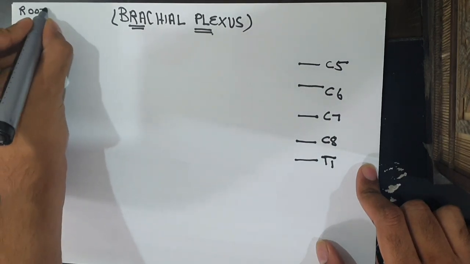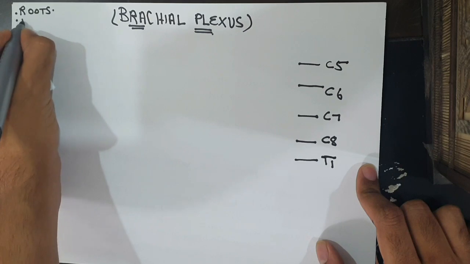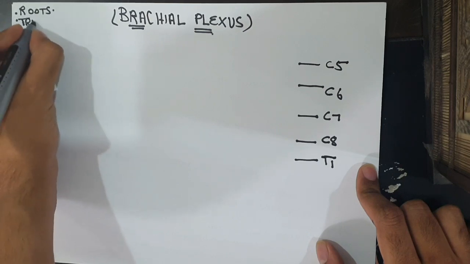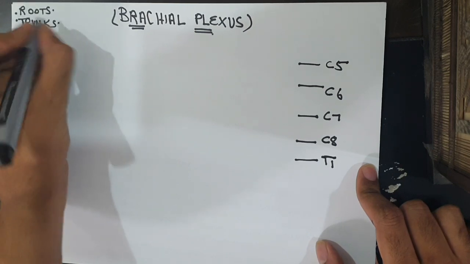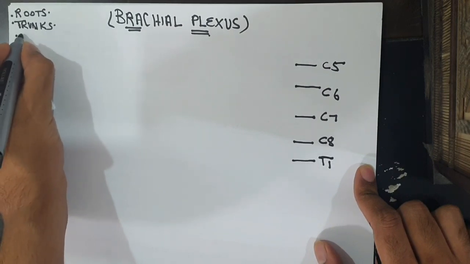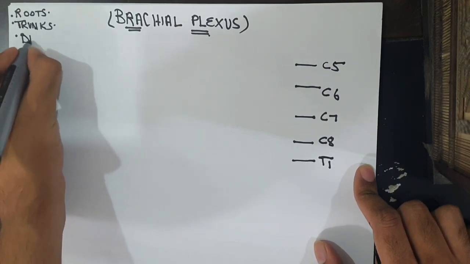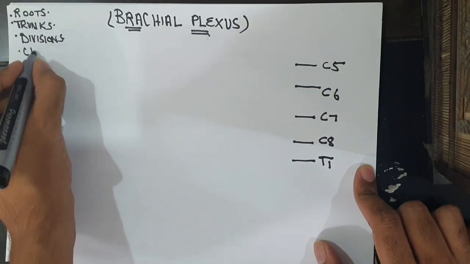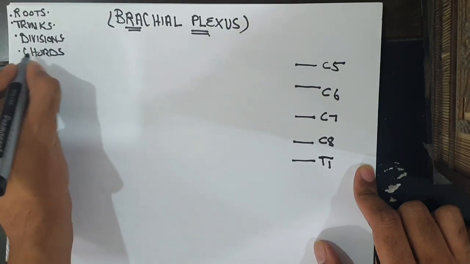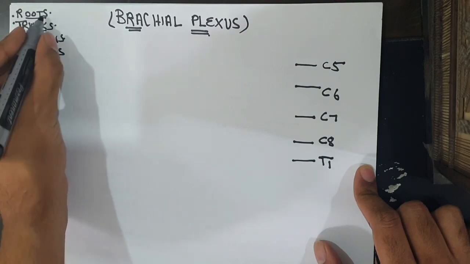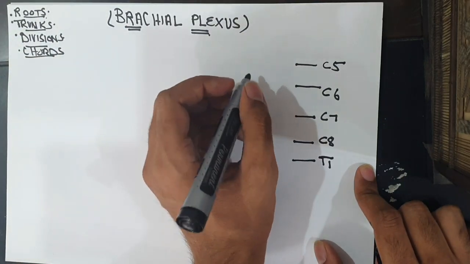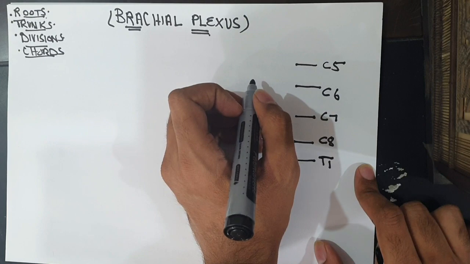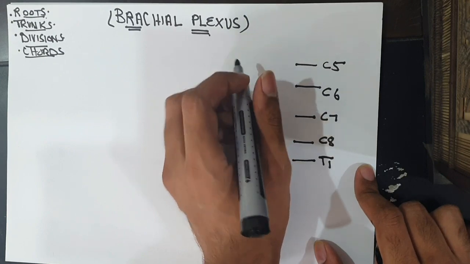the roots, trunks, divisions, and cords. Now what are roots, what are trunks, what are divisions and what are cords?